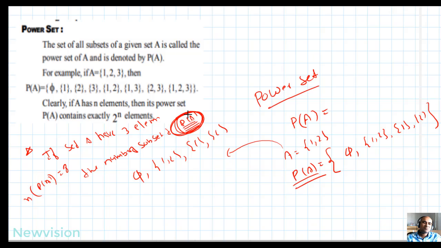How many subsets exist for P of A? P of A having 8 elements, then P of A will have 2 power 8 subsets.